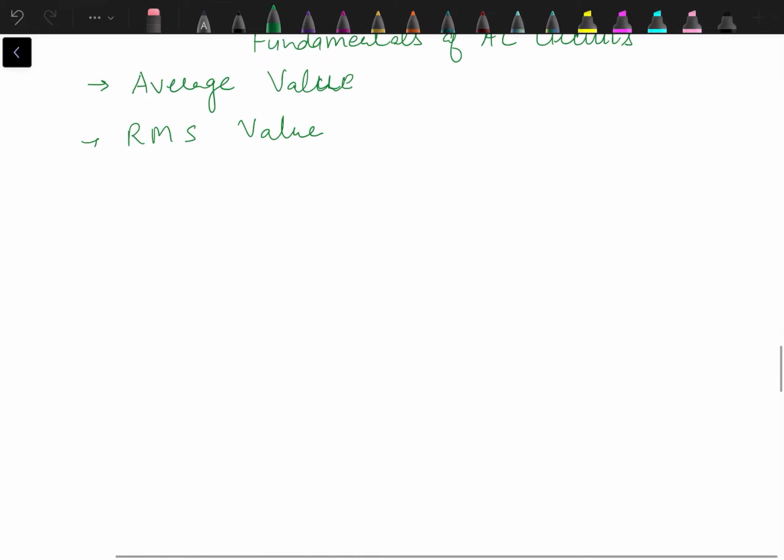So, I will be solving three different problems that will show how to calculate the average value and RMS value, and thereby the form factor and peak factor. So let's start with the first problem.